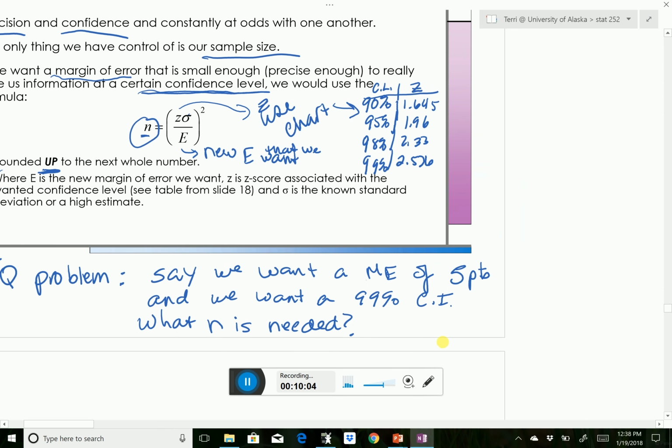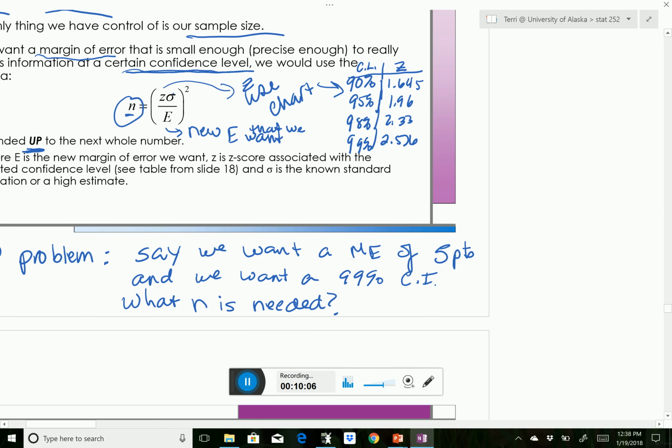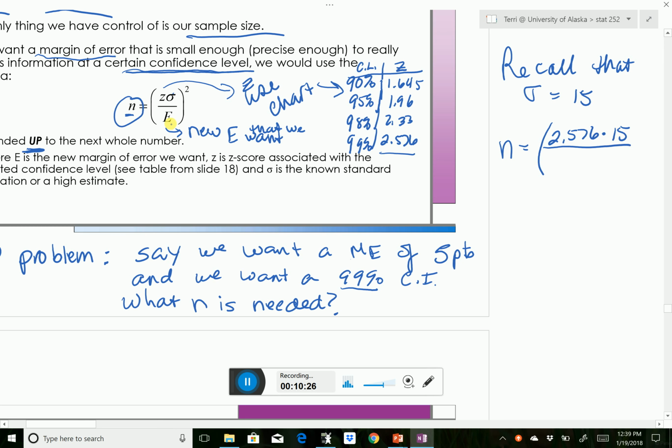What we're going to do is recall that sigma was 15. So we have our n, and we're just going to fill in these pieces. For a 99% confidence interval, we have 2.576 times 15 over, now we want our new e. We don't put the old one we had, we want the new one. We want a 5. So we want our margin of error to be 5, and then we square this.